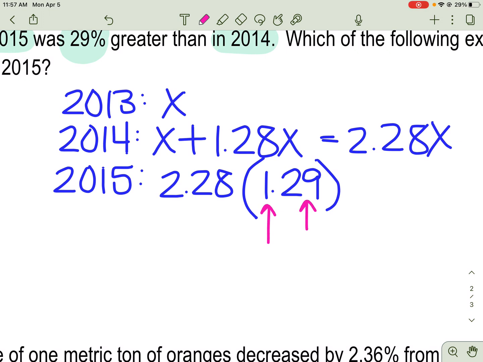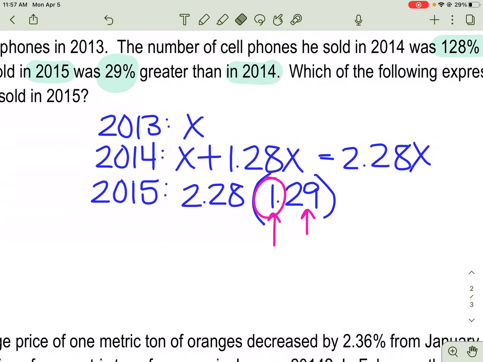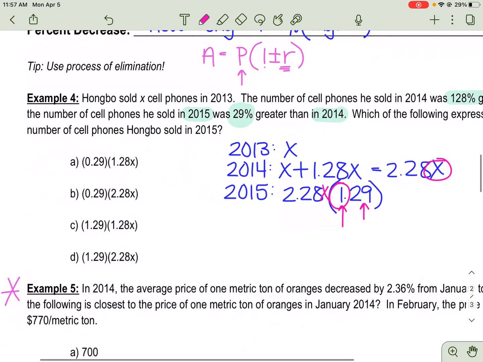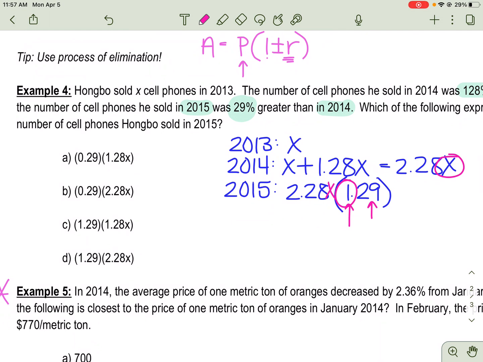So 1.29. A big mistake that I see a lot is just making this 0.29, because that's a 29%, right? Okay, but it's 29% increase. So it's all of what it was plus 29% more. So 1.29. Okay, and I forgot my x here with the 2.28x from right here. So 2.28x times 1.29 is option D. They put it in the other order, but that's okay.